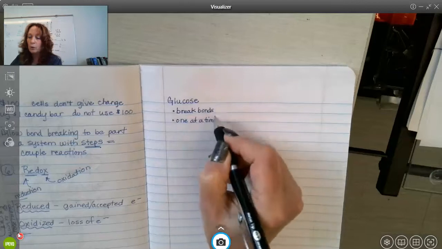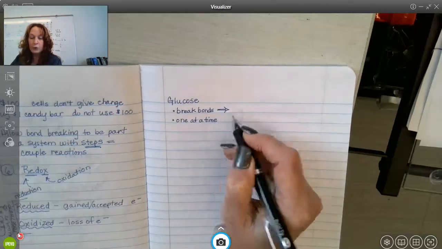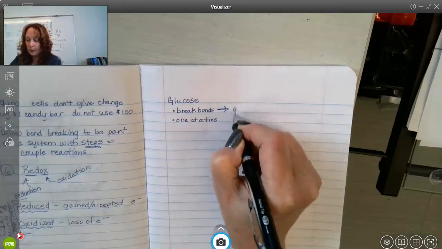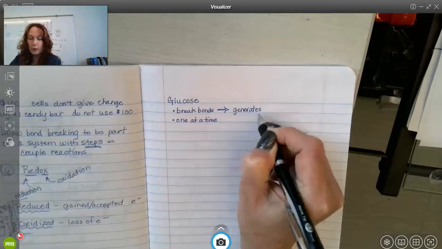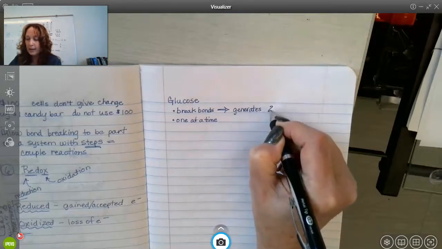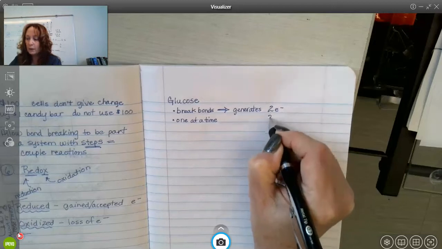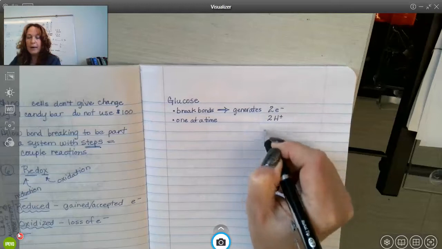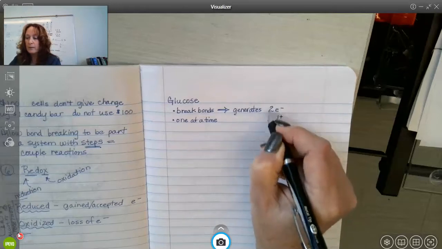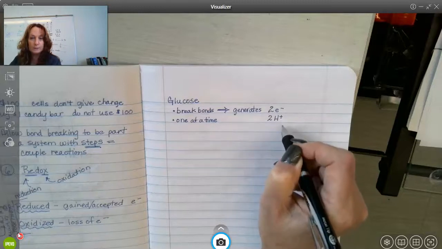So when you do this breaking of bonds right here, it's going to create 2 electrons, and where electrons go, hydrogens go. So you're now stuck with electron management. What are you going to do?